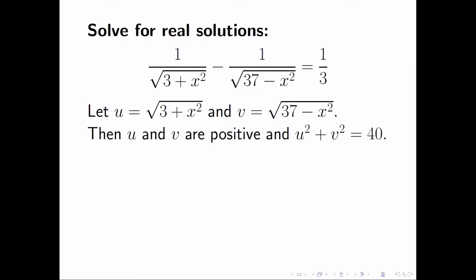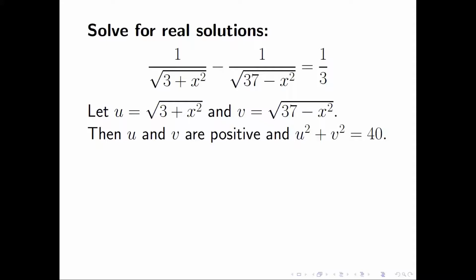We can square both sides of the equality and sum up to eliminate x squared. We have u squared plus v squared equals 40.